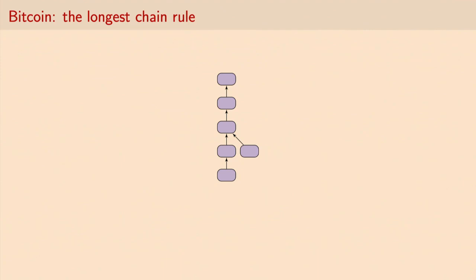So basically, they always follow the longest chain. There's a very important parameter here called the mining rate, which defines, on average, how fast the miners are going to mine new blocks. In Bitcoin, this is set to 1 block per 10 minutes.